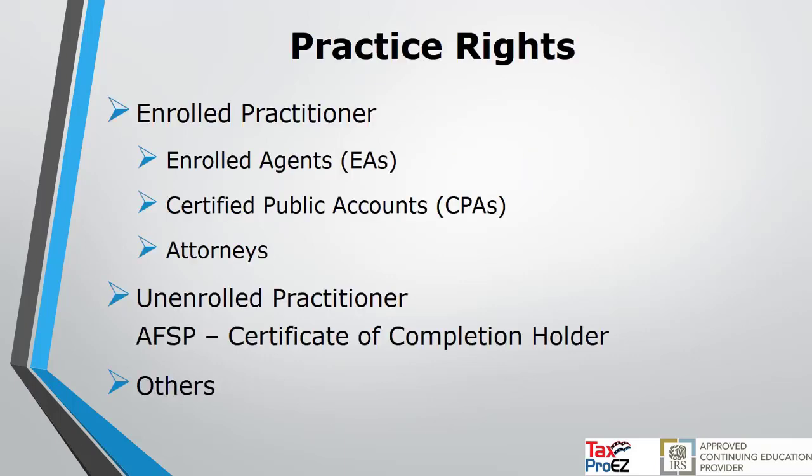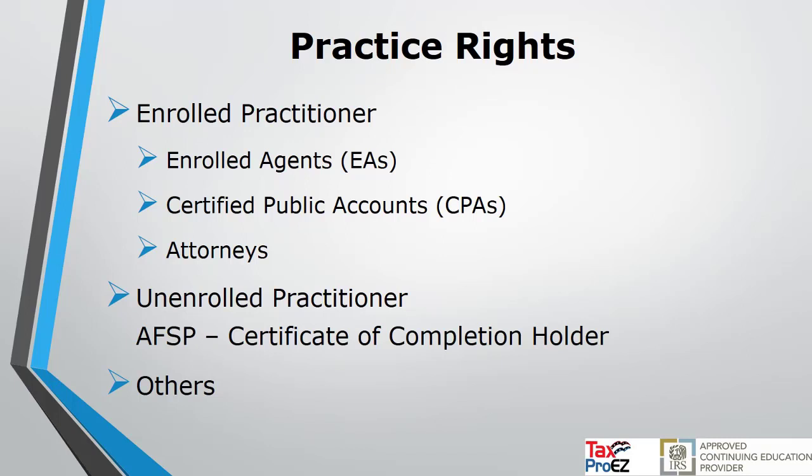Practice rights include the enrolled practitioners: enrolled agents, certified public accountants, and attorneys. We'll look at the unlimited rights that these three categories of individuals have under the broad category of enrolled practitioner. We'll also look at the unenrolled practitioners.